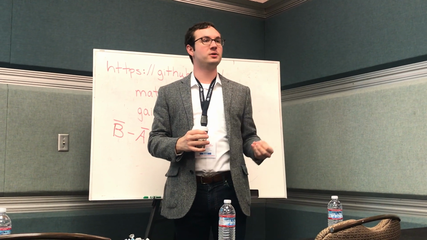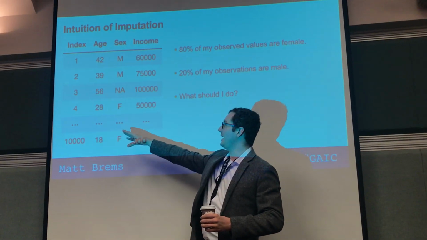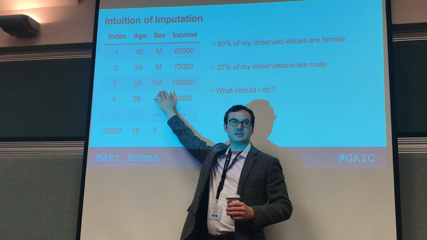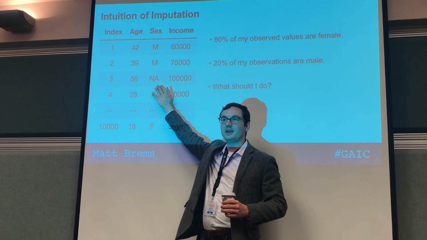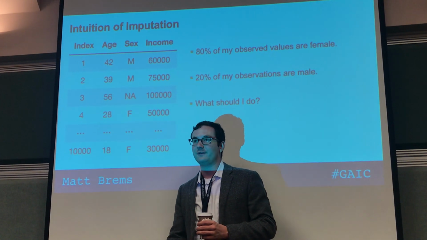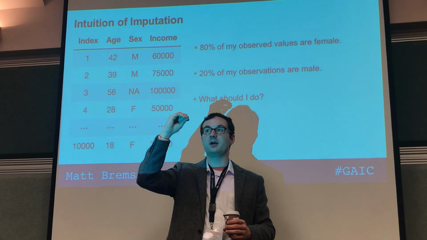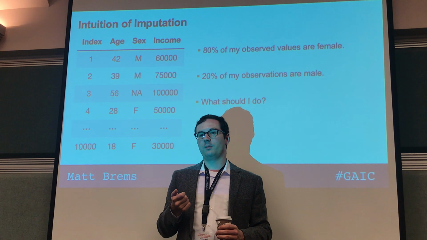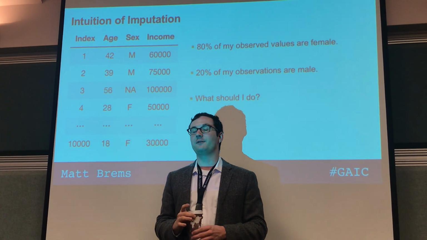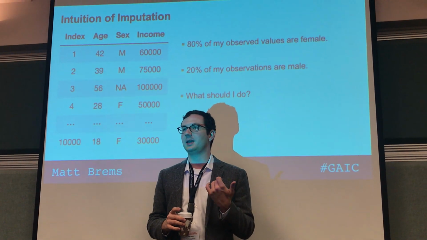Let's build out a distribution for this, and let's look at income and age, use that to try and predict sex and see, based on the observed data that we have, what is the probability that this value should be male or female? And if female is sufficiently high or if male is sufficiently high, maybe we plug that value in. But we don't want to do that either, even if we add a random error to it, because we're still making up data.